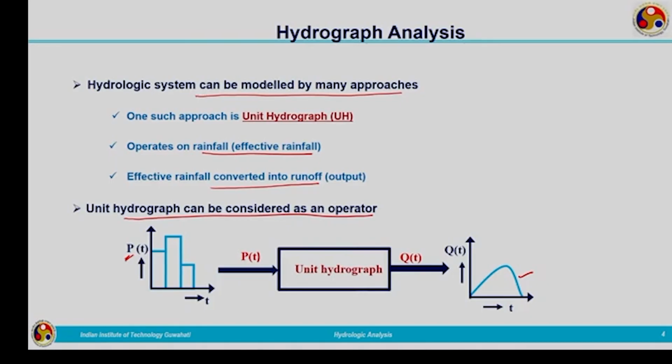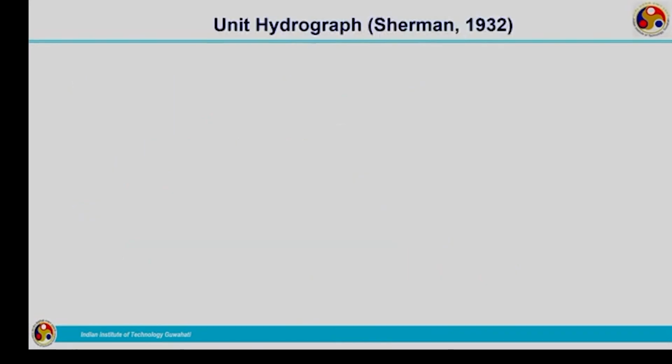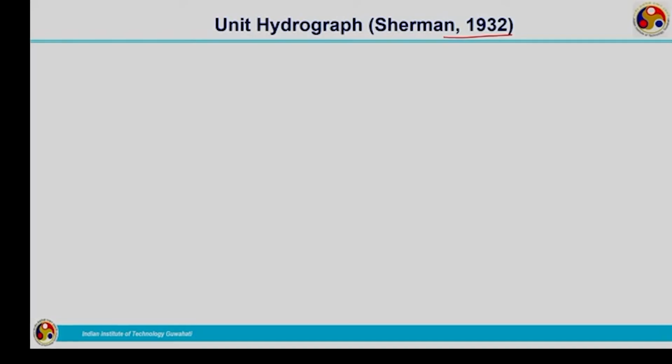So, now let us look into the unit hydrograph. What is meant by unit hydrograph? The principle of unit hydrograph was proposed by Sherman in the year 1932. This is a very simple model which works based on the linear system theory, which produces the direct runoff at the outlet of the catchment by making use of linear system principles more or less accurately.